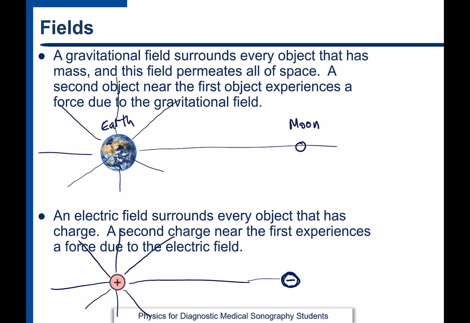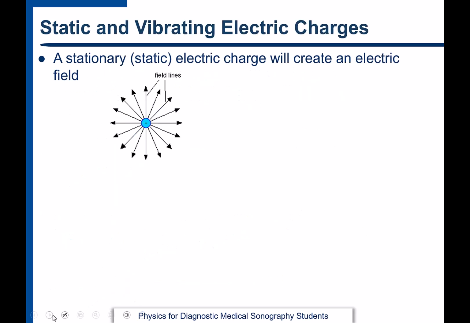So any object with mass, including you and me, is creating a gravitational field. Any object that has a charge on it is creating an electric field. So to summarize that, a stationary electric charge will create just an electric field. But you may remember that electric charges will also do something else if they're vibrating.